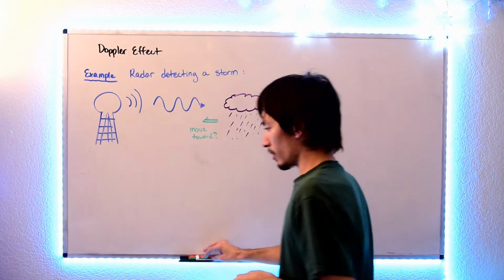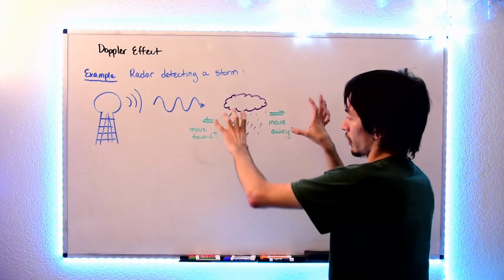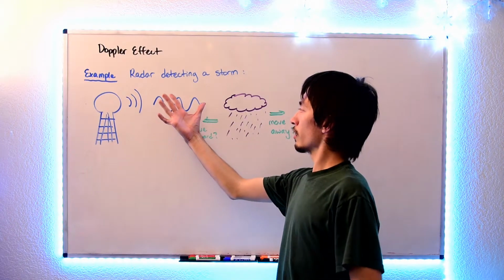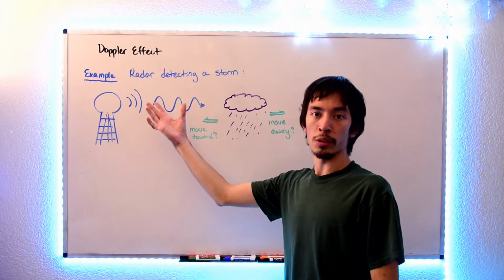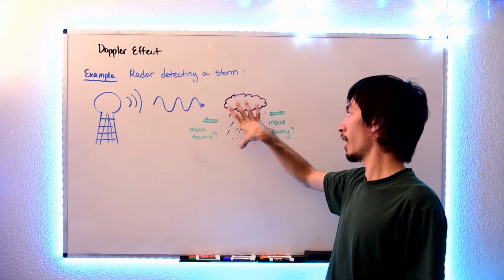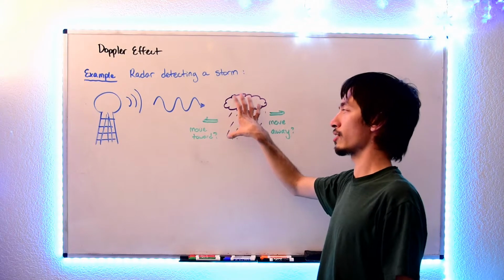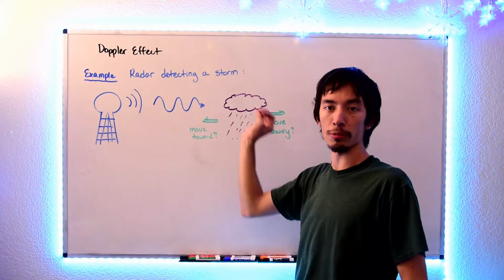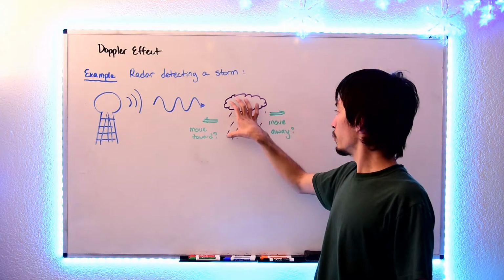So given that we have this situation, what's going to happen is these light waves will hit the object or the obstacle. In this case, it's some bunch of rain drops and water particles, and they're moving a certain direction.